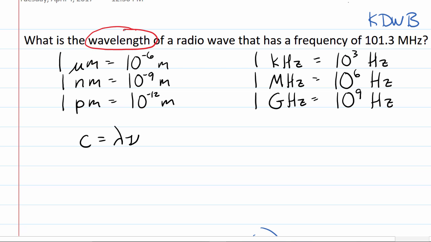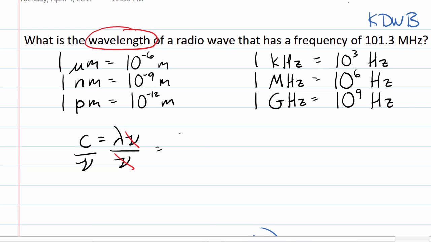Wavelength. So we're solving for lambda. To solve for lambda, we have to divide each side by nu. And if you don't like saying that word, just say frequency, all right? Nu is going to cancel out. It says that we will find it by taking the speed of light and dividing it by the frequency, nu.